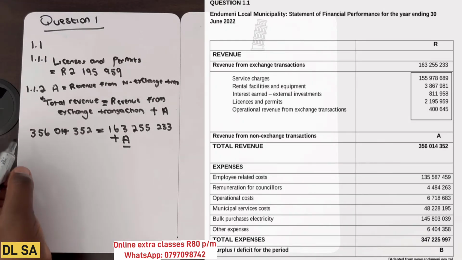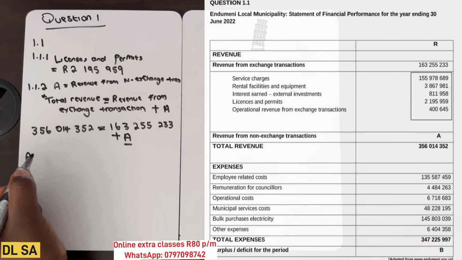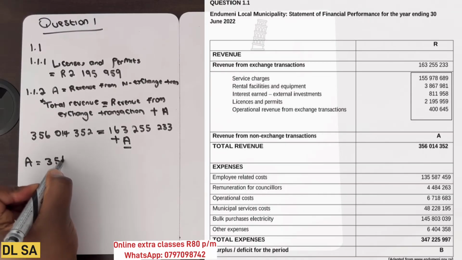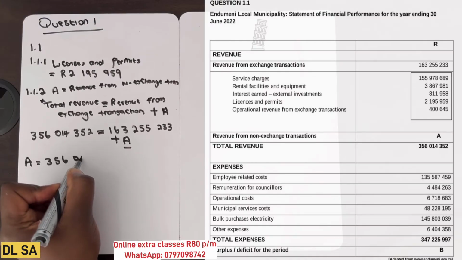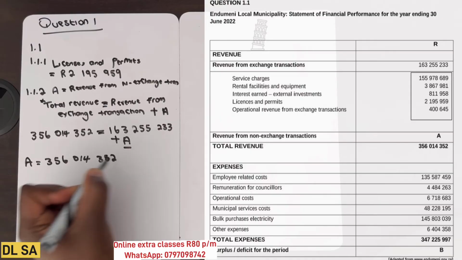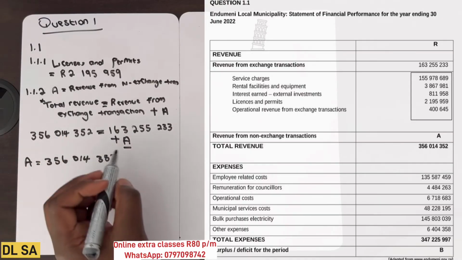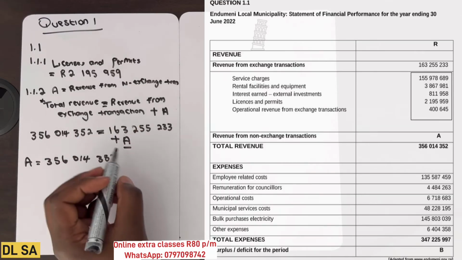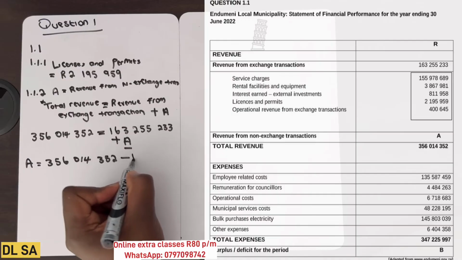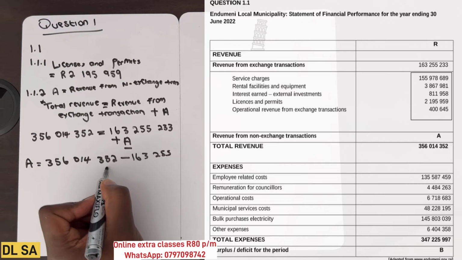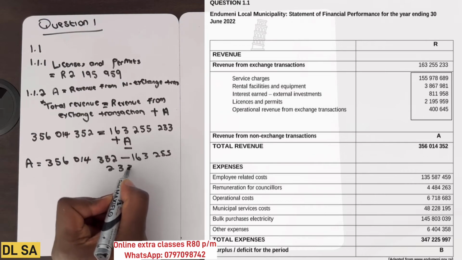So our A will be equal to 356,014,352. If we take the other figure to the other side, it changes its sign: it is positive now, so on the other side it will be negative. So it will be minus 163,255,233.